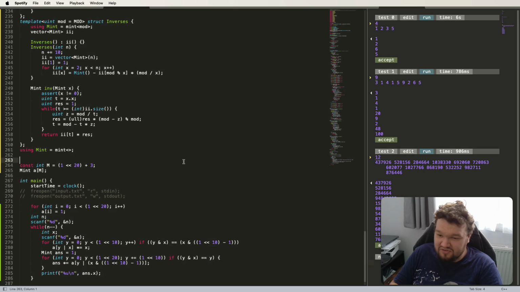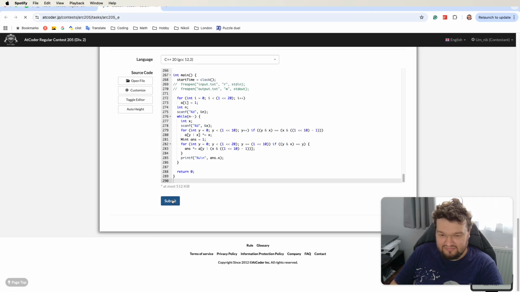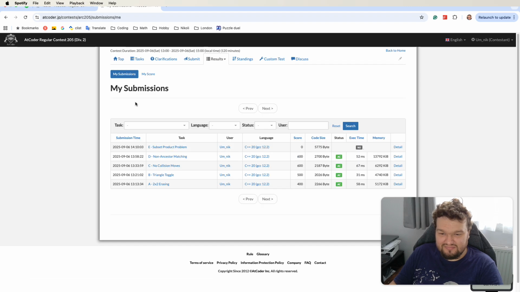Well, it looks similar. I feel like this is the easiest problem of the contest. If you know the submask trick, this is just a direct usage of that. There is barely a problem there. It's just, do you know this one thing?